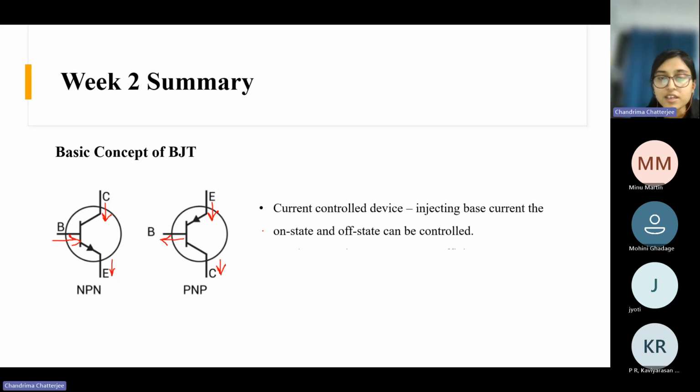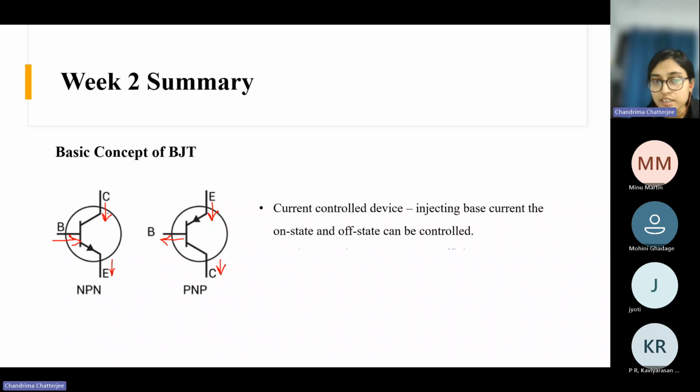Okay, and I have written here that BJT is a current control device. Why current control device? Because we are injecting a current through the base, right? As we are injecting a current through the base terminal, only then this BJT starts conducting.